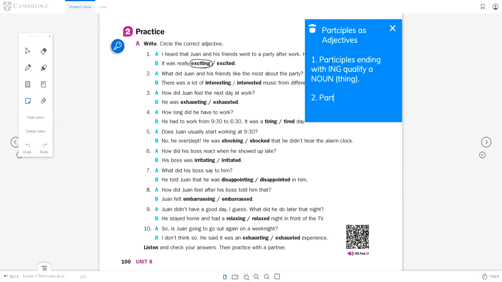Whereas participles ending with ED qualify a person. Let me put a pronoun here, that is better.